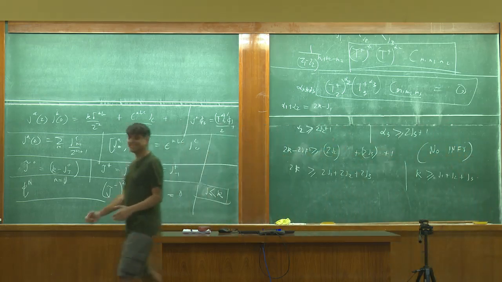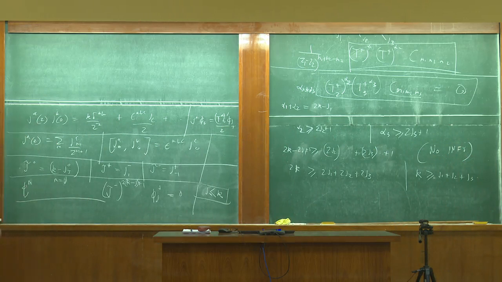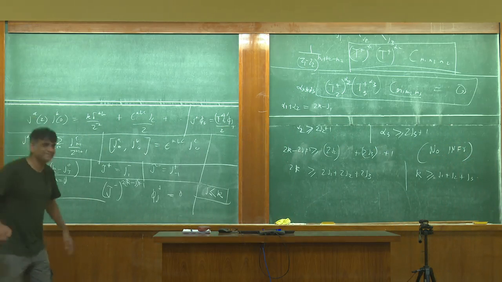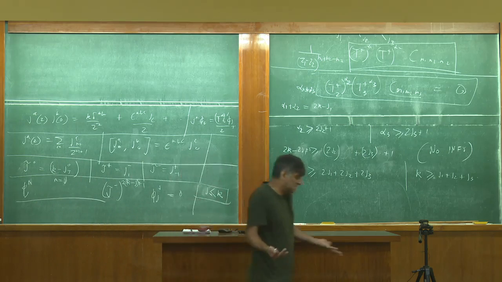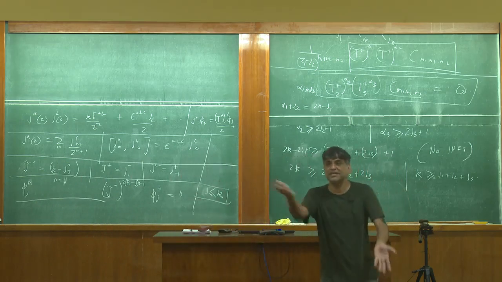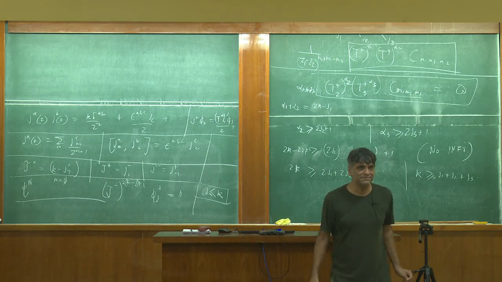Okay? So in the case that the sum of the three J's is less than or equal to K, we have no information. The C, J1, J2, J3s can be non-zero, could be whatever they want.